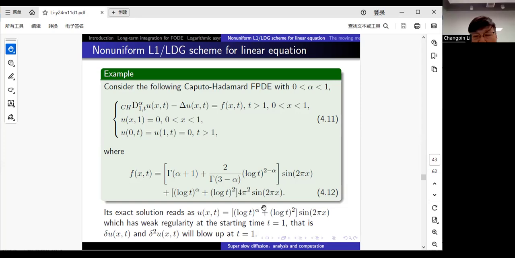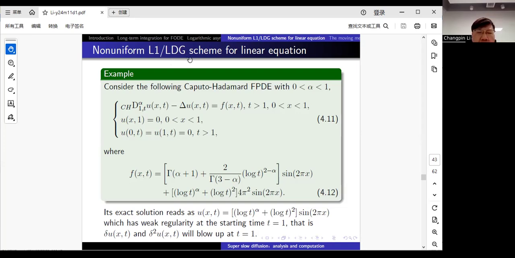I mean, such a solution is clear at the starting time, but its derivative will blow up at a certain time. No, I mean, is it from software or from separation of variables, from mathematical methods? What method did you use to find it?